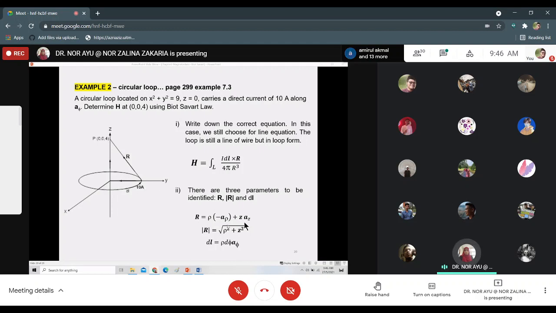Alright, so you get your R, and now what is the magnitude of R? The magnitude will be rho squared plus z squared, and then square root the whole thing.